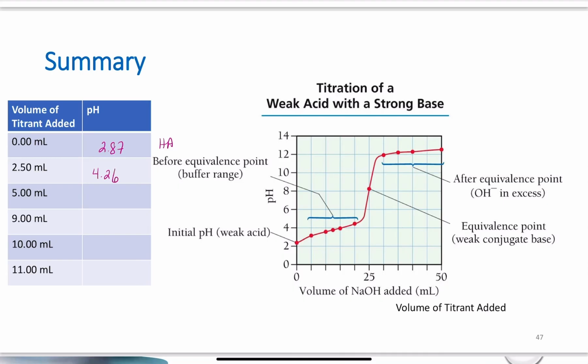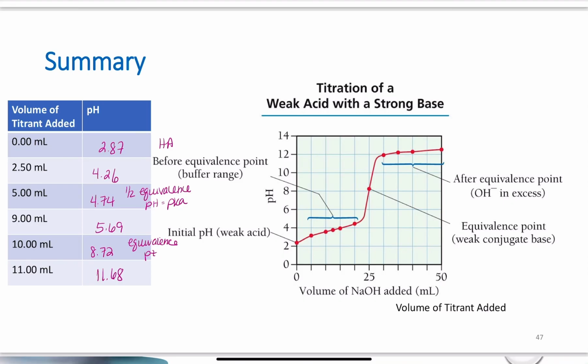At 5 mL, I had 4.74. This is my half equivalence, where pH equals pKa. At 9 mL, 5.69. At 10 mL, 8.72. This is my equivalence point. And at 11 mL, 11.68.